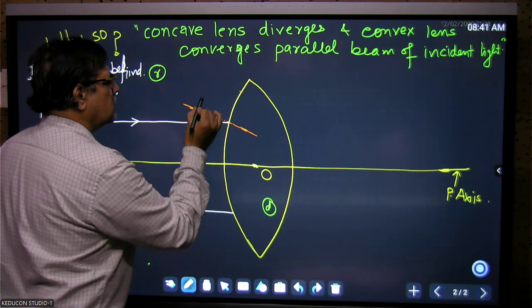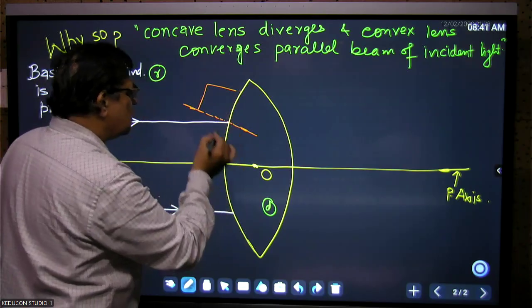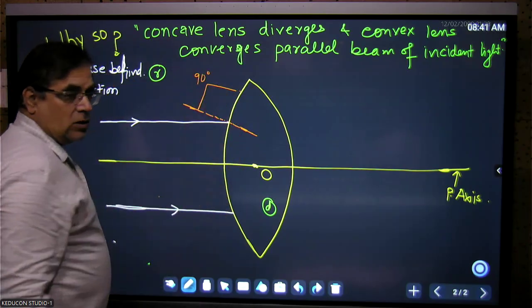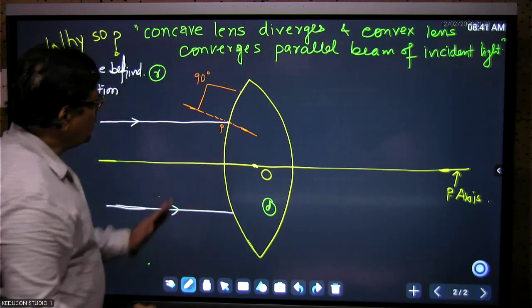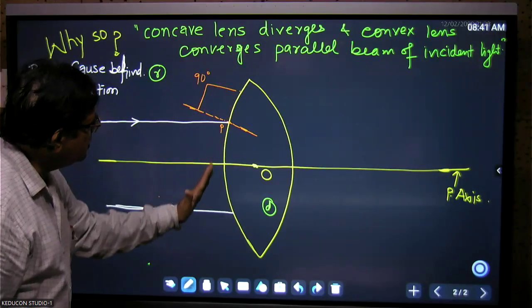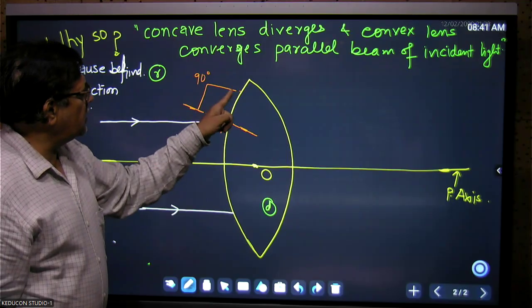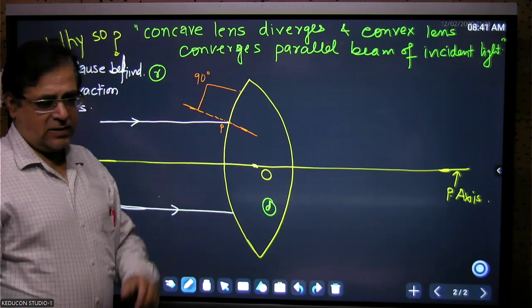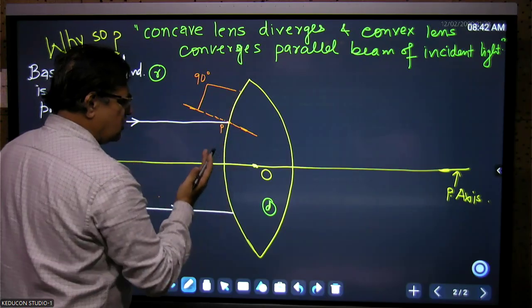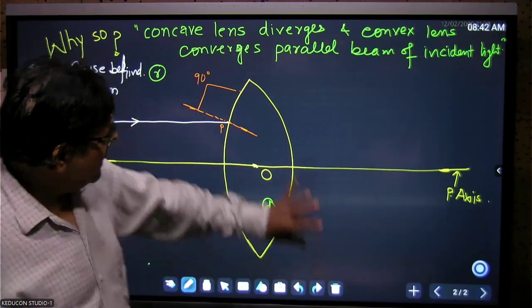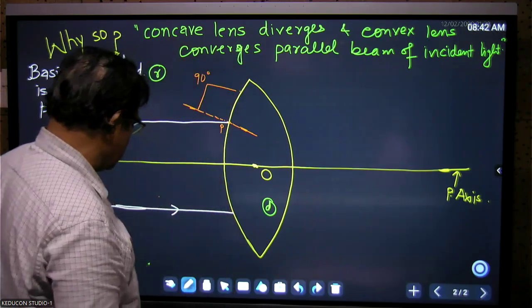You can say, sir, how can it be a 90-degree line, because the yellow line is actually a curved line. So in the true sense, at this point of incidence P, I have to draw a tangent on the yellow curved line, and the 90-degree angle should be with that tangent. For the sake of simplicity, I am not drawing that tangent. Otherwise, there will be a cluster of many lines and you will find it difficult to understand.